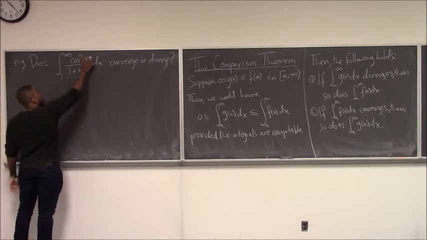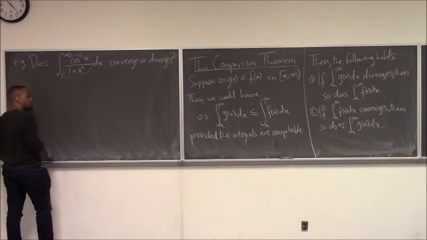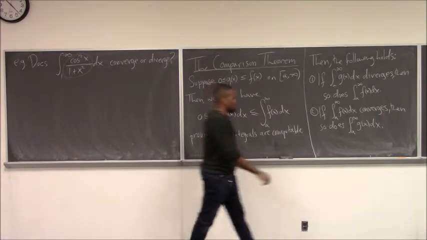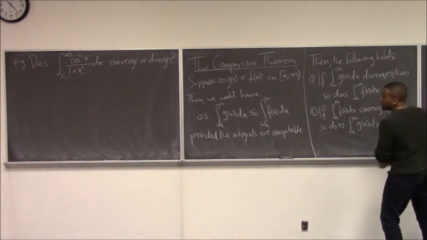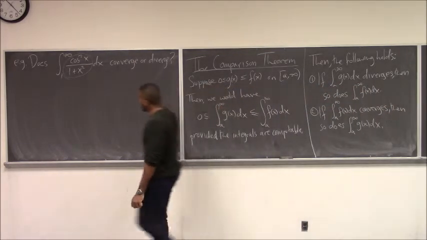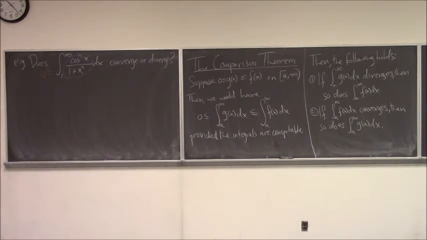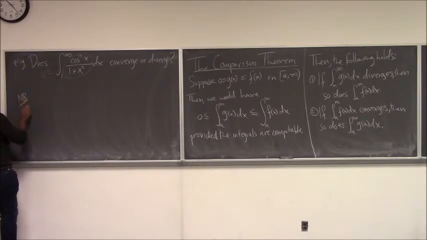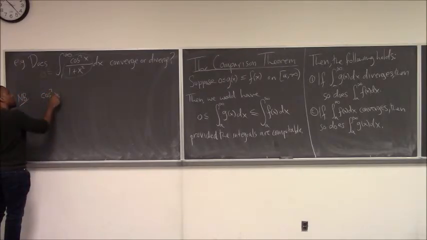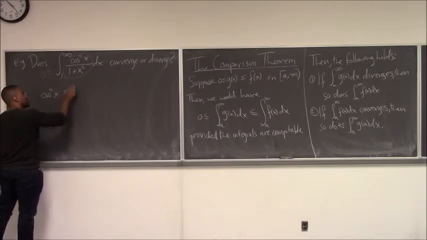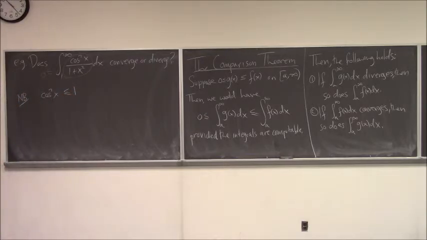You will notice here, everything is squared, so that's definitely positive, greater than or equal to 0. It'll be 0 when the cosine is 0, but otherwise it's going to be larger. Another thing you can note is that your cosine squared is always less than or equal to 1. Right? And of course, goes without saying it's greater than or equal to 0.